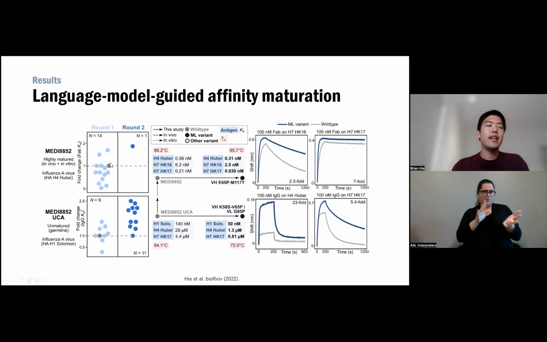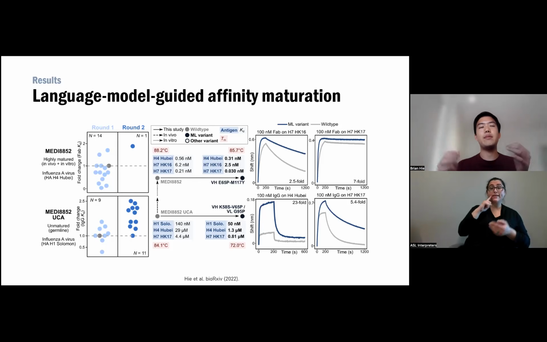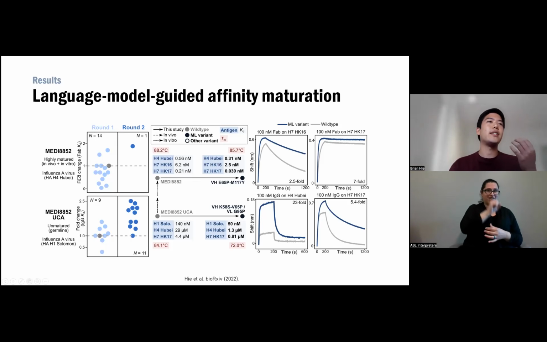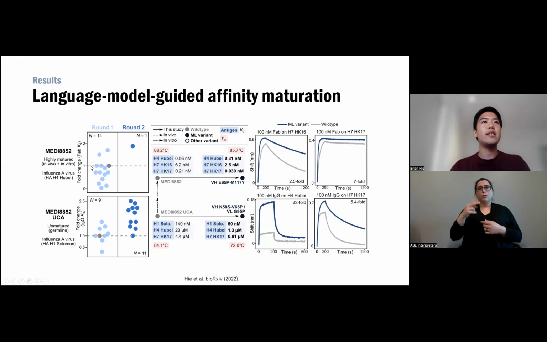When we make single residue substitutions to the wild type sequence and test them for binding affinity, even though the model had no idea that this bound to, in this case, H4 Hubei influenza hemagglutinin, we saw that 2 of those mutations had a significant improvement in affinity.